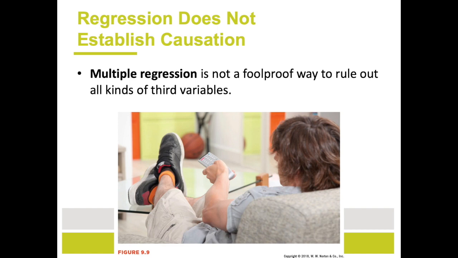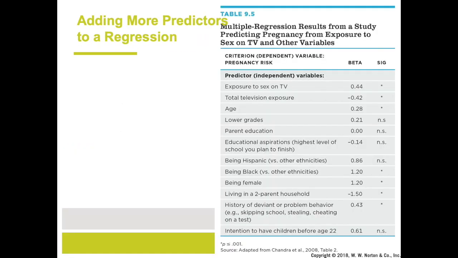We don't know which one came first. Maybe getting pregnant causes more exposure to sex TV. There also could be another variable that we didn't measure that we should have. So there could be something about possibly where they grew up or something cultural that we didn't control for here in some way.